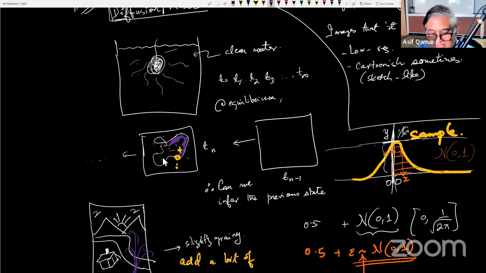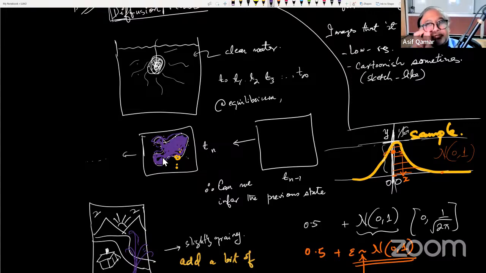If the ink at this moment looks like this, and it thins out a little bit, what can you tell? By looking at the gradient of that ink, you can actually tell where you're coming from. What was the previous state of the diffusion?